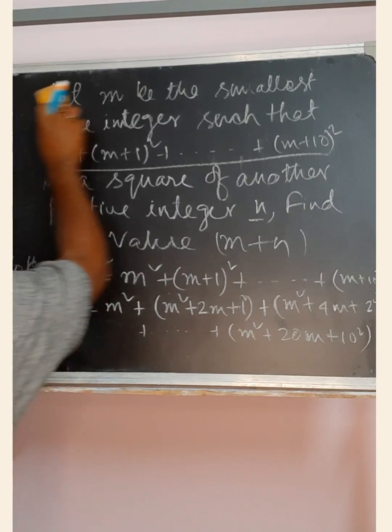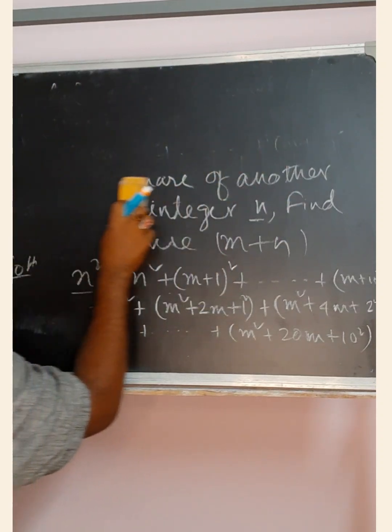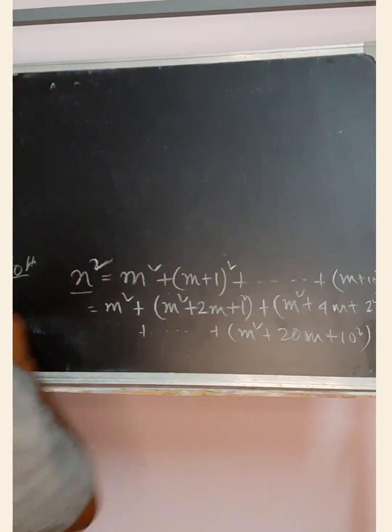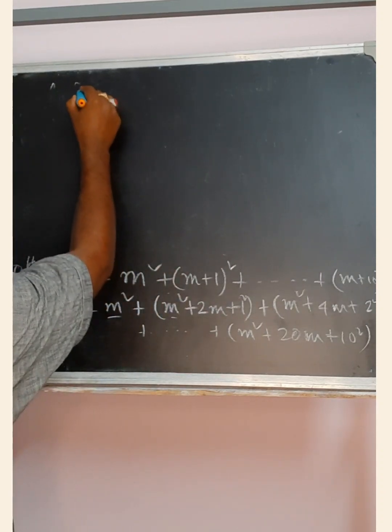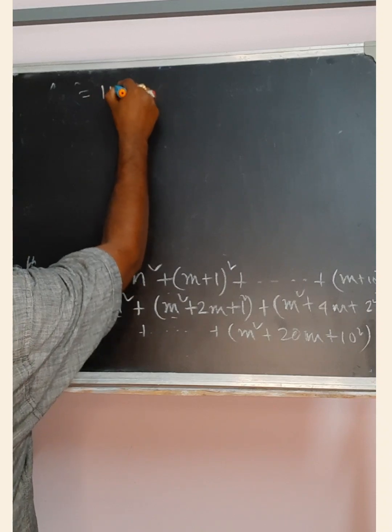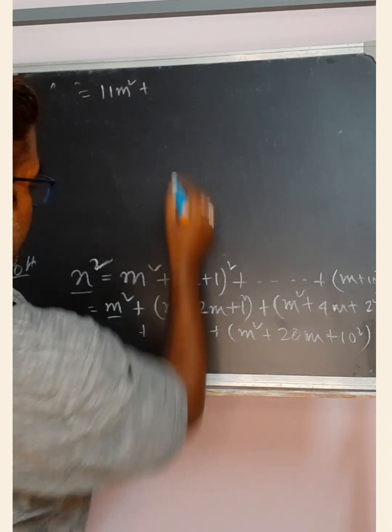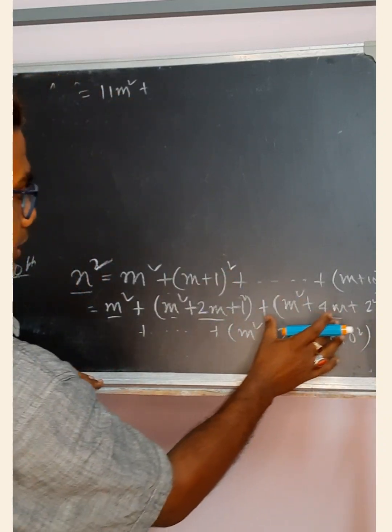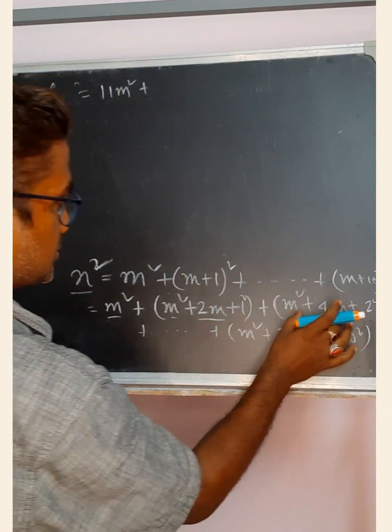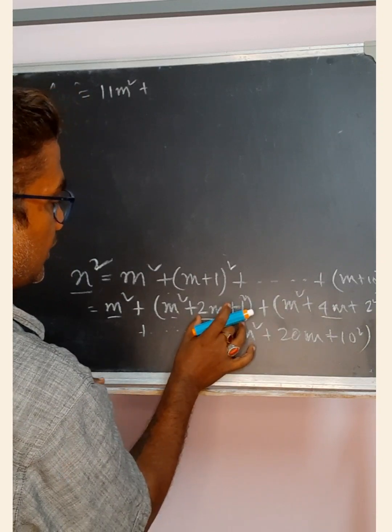Now if I add these similar terms, the m square terms I will bring together, so that will give you 11m square altogether. And if I bring all the m terms, 2m, 4m, like that, it will be a uniform series of multiples of 2m.